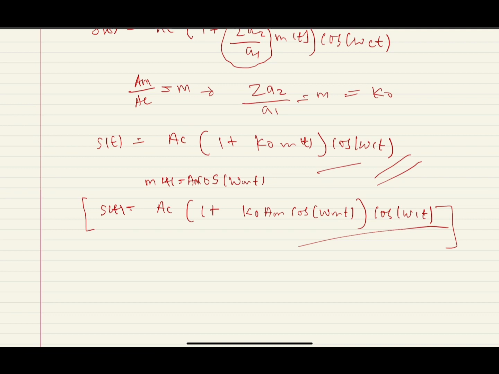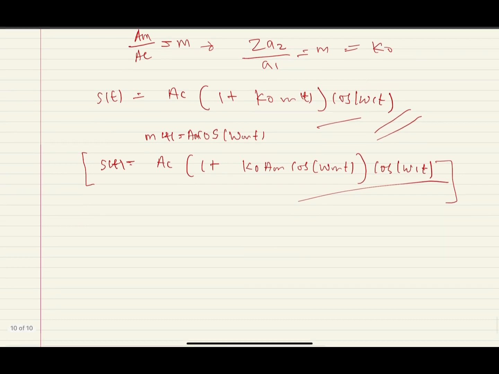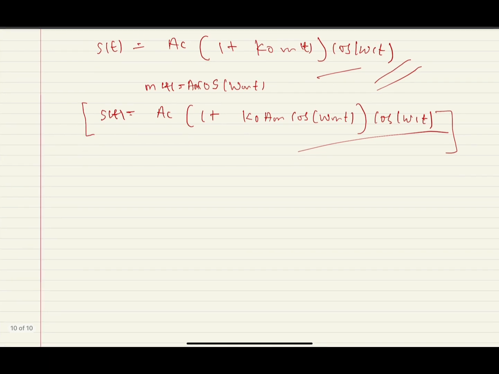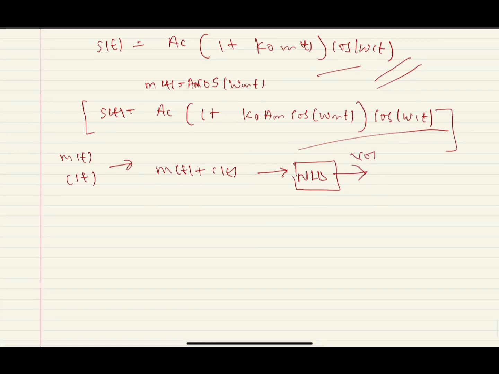So to conclude this tutorial, I would like to summarize everything about square law. As I said earlier, in using the square law method of generating an AM signal, we need two signals, which are the message and the carrier signal. The message is M of t, and the carrier signal is C of t. This combined signal M of t plus C of t is passed through a modulating device, which in this case is the nonlinear device, which is going to modulate our input signal to an output signal f naught of t.